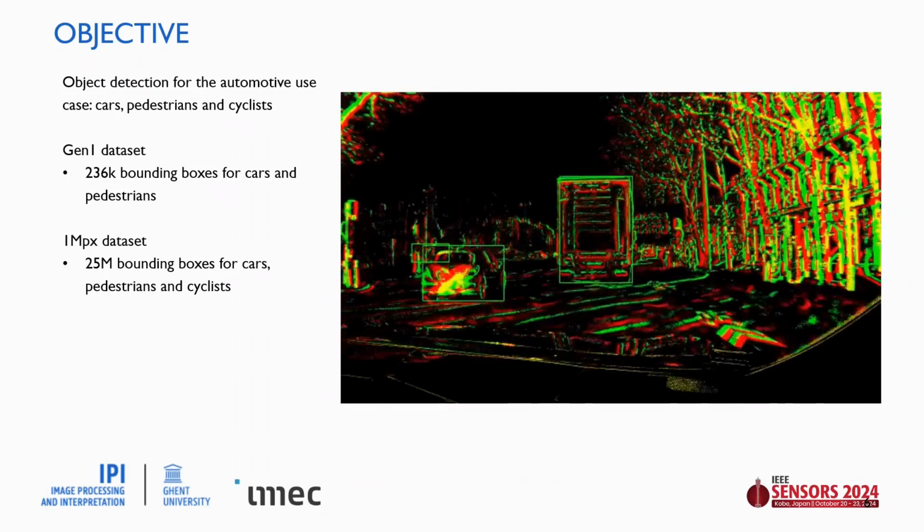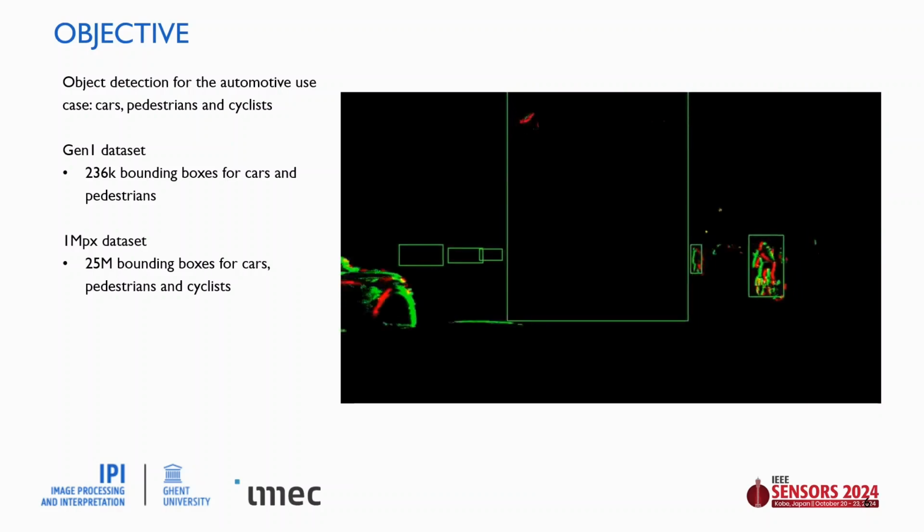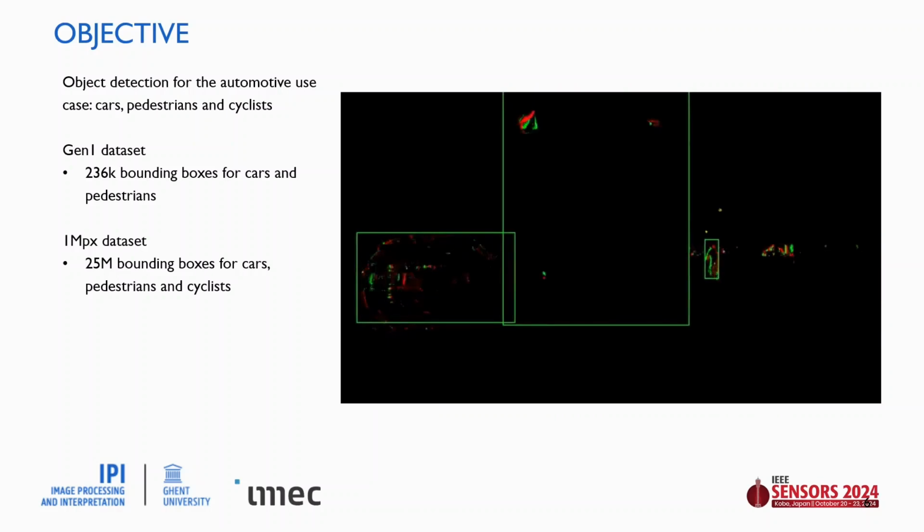So we consider specifically cars and vulnerable road users, such as pedestrians and cyclists. The 1 megapixel dataset has 25 million bounding boxes, so it's quite a lot, which can be used for neural networks. So you see here that the bounding boxes are labeled and visible, and yeah, there are no events being triggered.